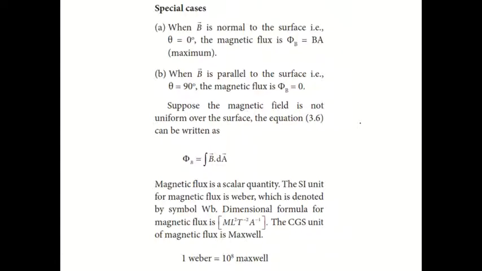That's why the value is minimum. Magnetic flux is 0. Suppose the magnetic field is not uniform over the surface, then you have to integrate the formula.